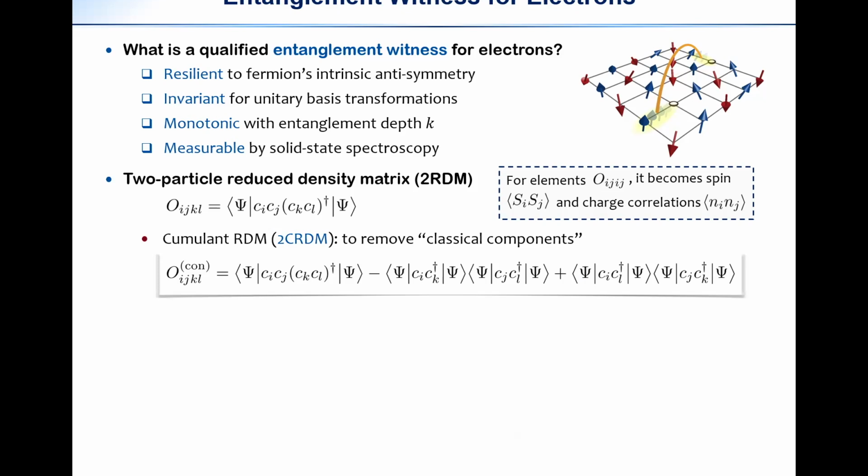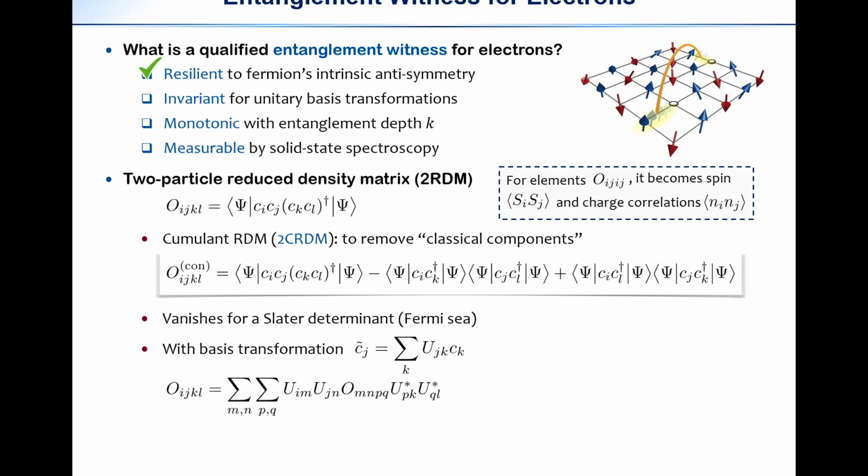Once you subtract off the classical counterpart, you get the so-called cumulant RDM or 2C RDM. This quantity can be very sensitive to entanglement because it vanishes in the classical limit. Using this quantity, we want to show that it satisfies all the criteria. It vanishes at the Slater determinant, the Fermi sea, so it's resilient to the antisymmetry itself. We won't misclassify a Fermi sea as an entangled state.